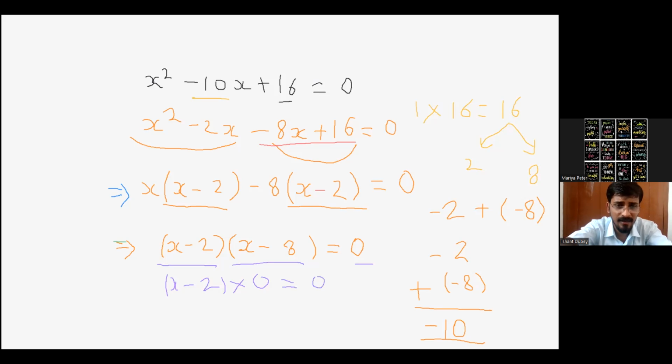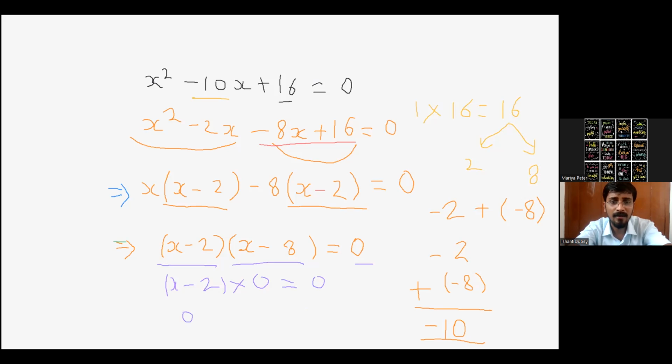And if I say 0 into x minus 8 within parentheses, what will I get? 0. So either my x minus 2 should be 0 or x minus 8 should be 0. Then only will I get 0 on the right hand side.